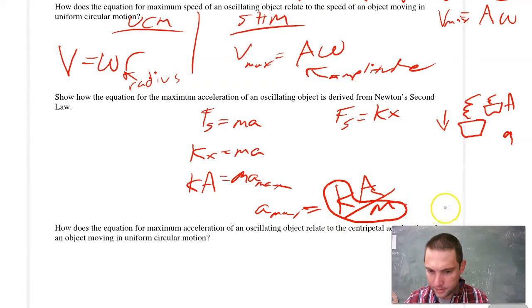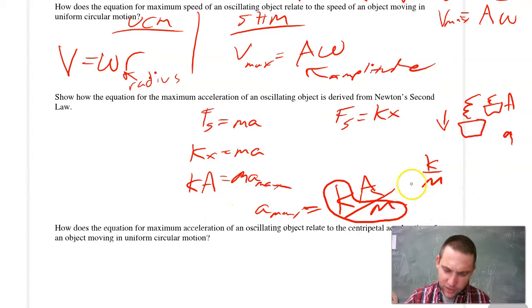K over m. Is that anything? Angular velocity, right? We've shown that. Well, it's not really angular velocity. We got to do a little something to it. It would be the square root of k over m that would be our angular velocity.